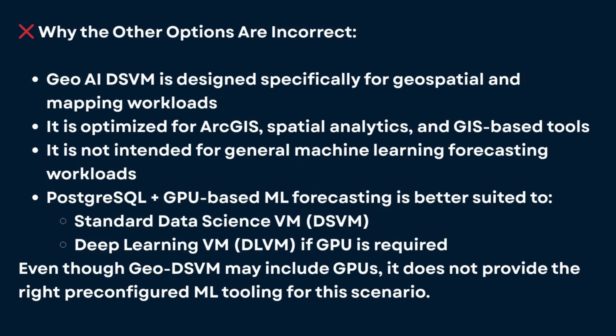A Geo-AI Data Science Virtual Machine, also known as a Geo-DSVM, is designed specifically for geospatial and GIS workloads. It is optimized for tools such as ArcGIS, spatial analytics, and mapping-based solutions. Although a Geo-DSVM may support GPU resources, it is not intended for general machine learning forecasting workloads that use databases like Postgres.